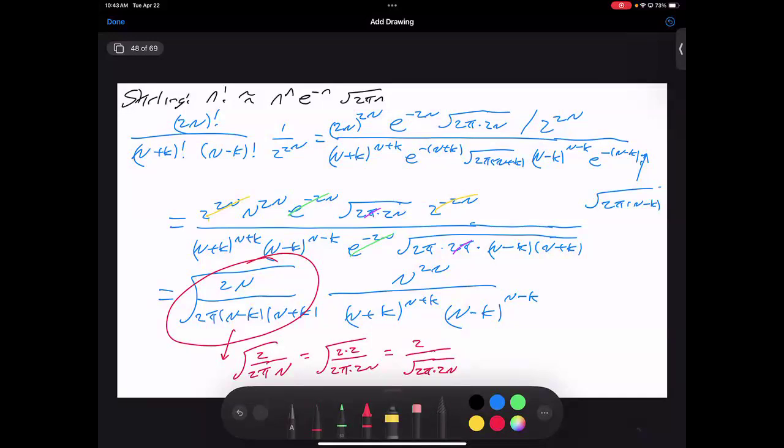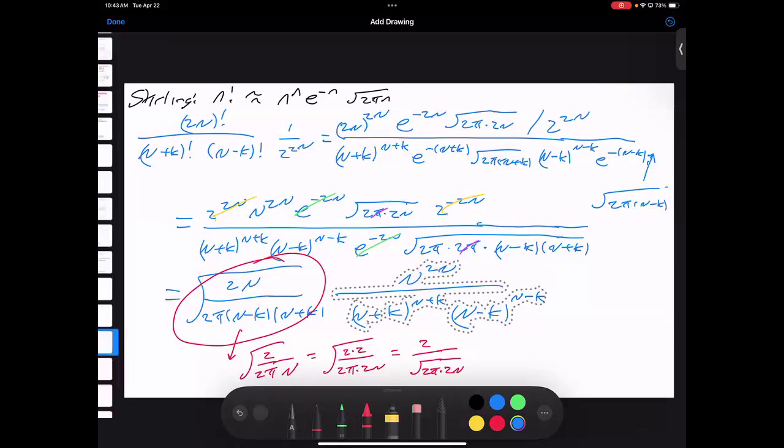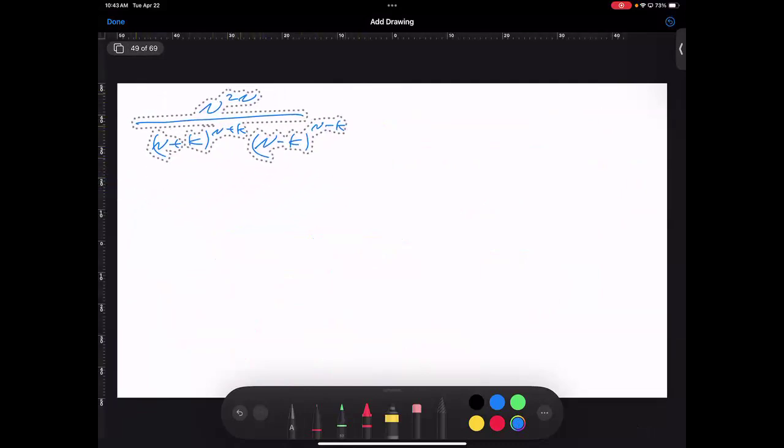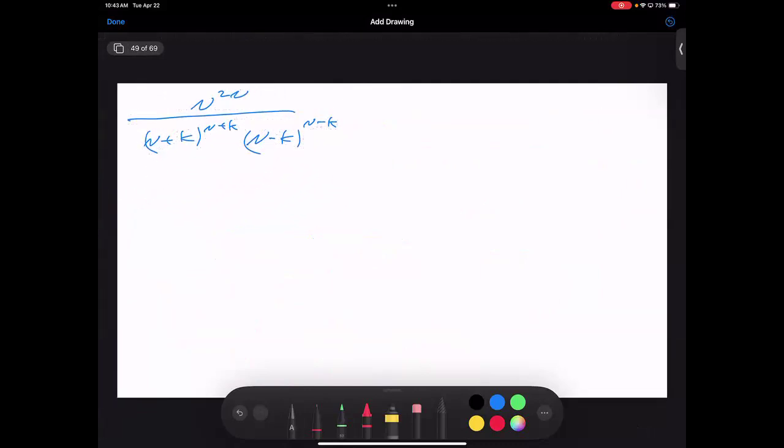All right? So now let's look at the other term. So there's a couple of ways to analyze this. One thing I could do is I could pull out the n to the 2n and notice, hey, look, every factor has an n to it, right? If I pull out an n from the first factor to the denominator, I get n plus k times. If I pull out from the second factor, I get it n minus k times. I have n to the 2n upstairs.